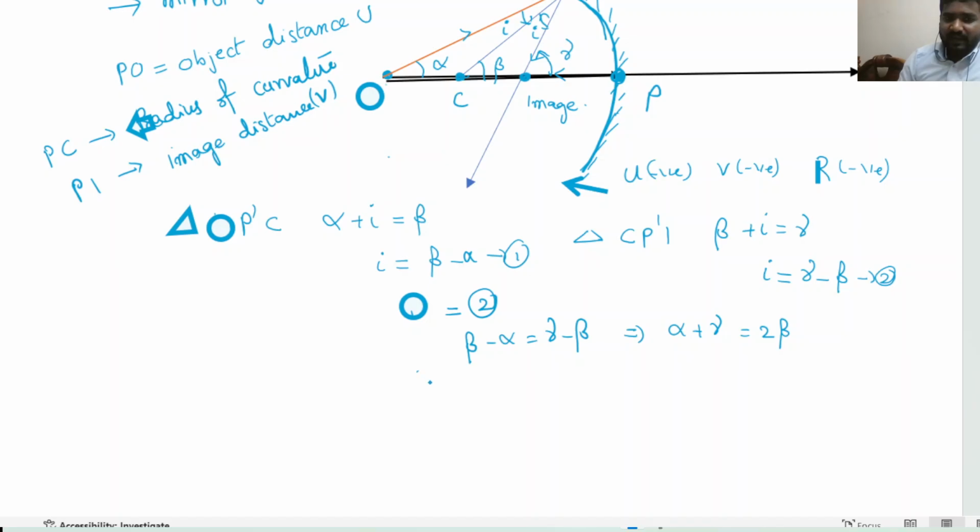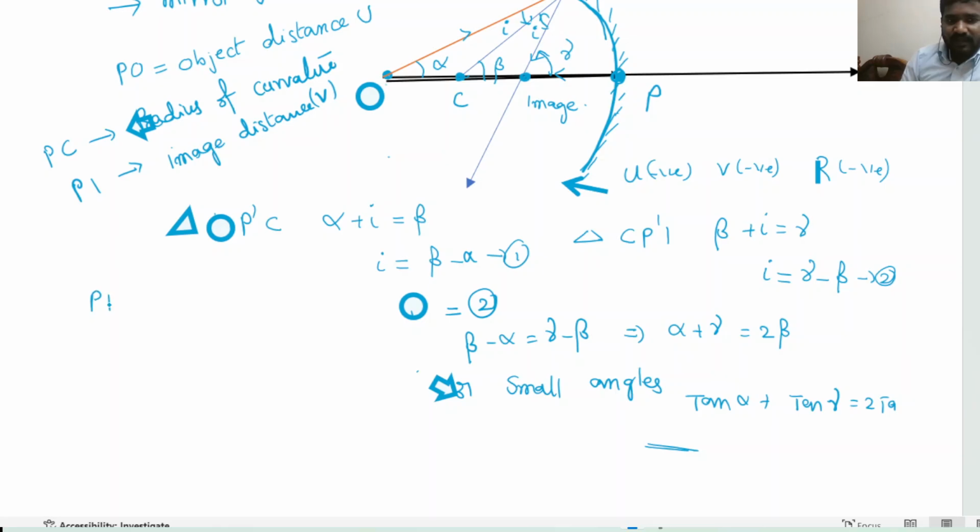For small angles, theta can be taken as tan theta. Therefore alpha is tan alpha, gamma is tan gamma, and 2 times tan beta. Now substitute these tan values from the figure.